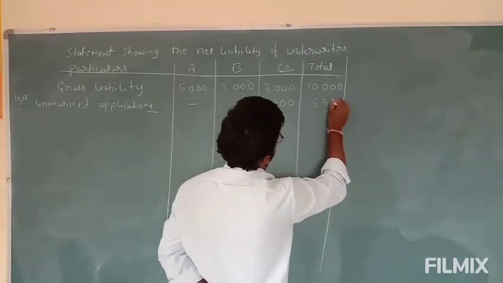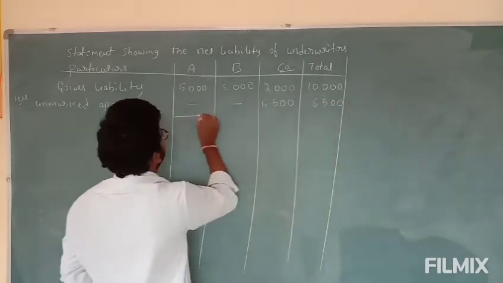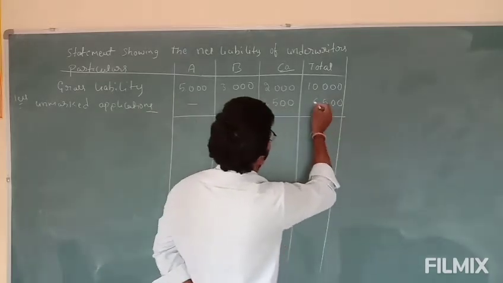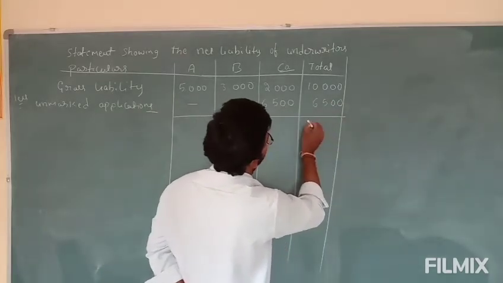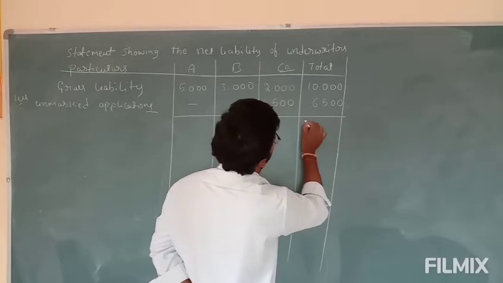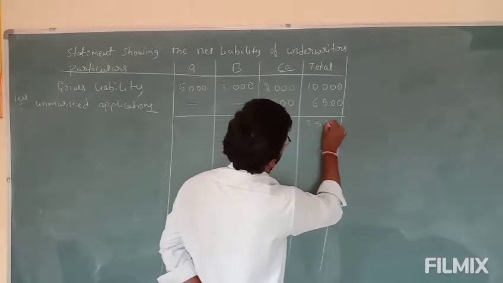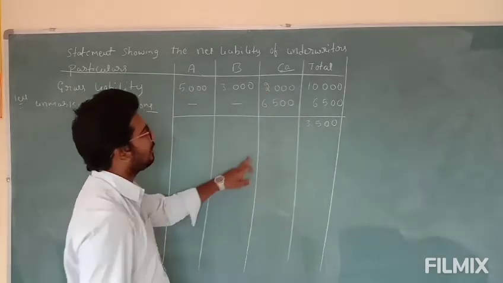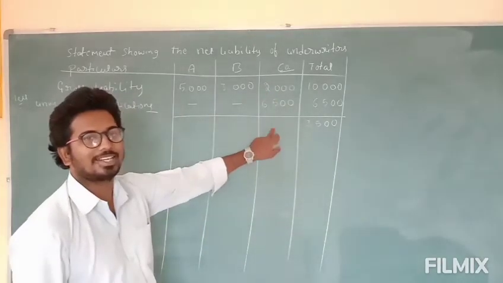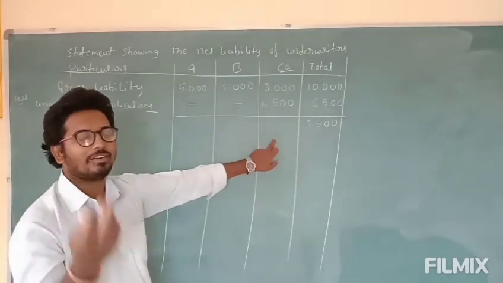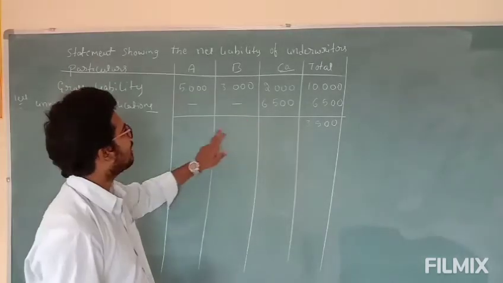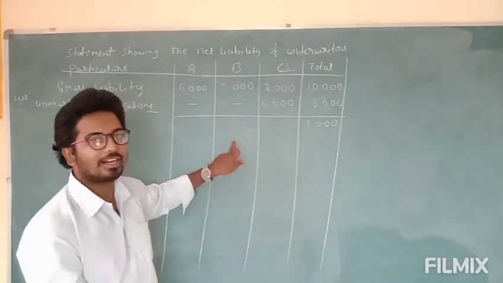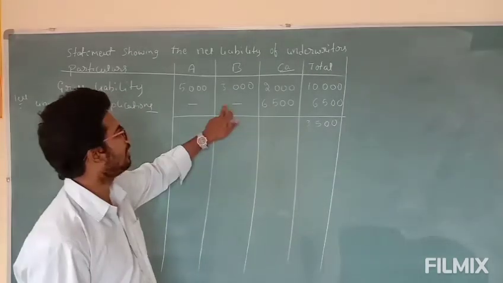Make a balance. 2,000 minus 6,500, I will get a negative figure, and that is what is called surplus. In complete underwriting, when an underwriter has a surplus, we distribute it to the remaining underwriters based on the gross liability ratio.